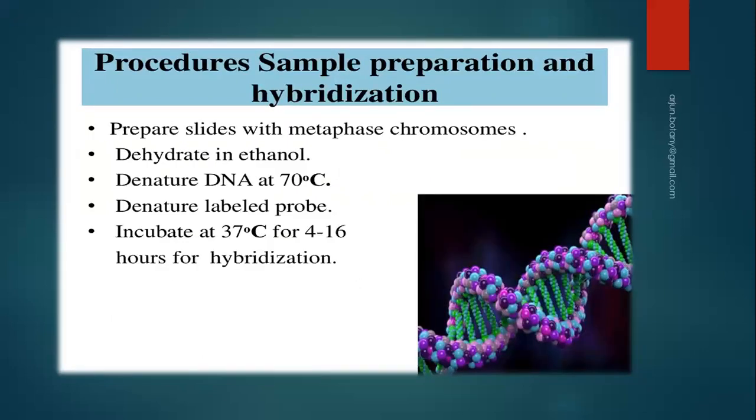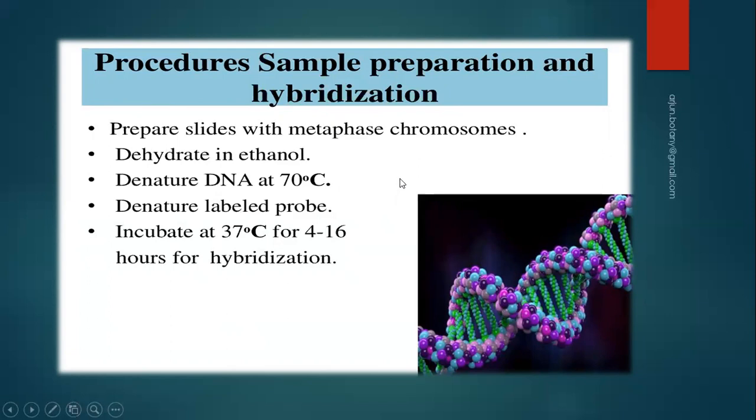So how can the painting technique be applied? These are the steps in the chromosome painting technique. First is to prepare a slide with metaphase chromosomes. We know about the preparation of a metaphase plate. We generally use onion root for the preparation of a metaphase plate, and there are two different steps.